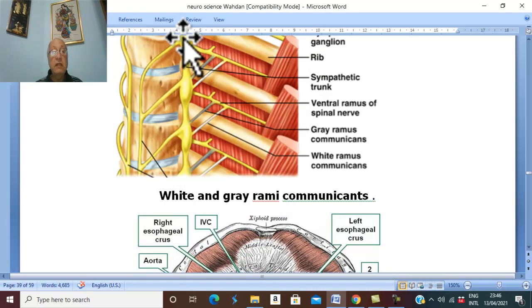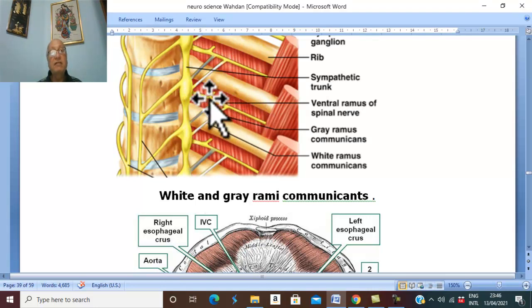And there are medial branches, which are visceral and vascular branches to the blood vessels and thoracic organs or abdominal organs. And these are the lateral branches. The lateral branches are the famous branches, which are communicating branches, rami communicantes.